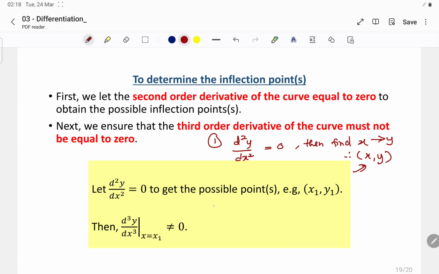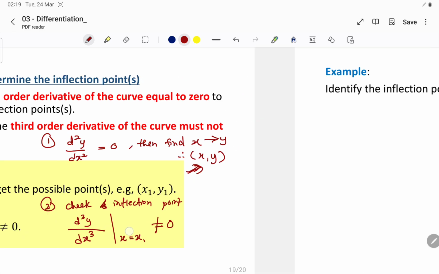In order to determine that, you have to differentiate the third time, d cube y over dx cube. You substitute the value of x that you got here. If it is not equal to 0, then it is an inflection point. Must make sure that it is not equal to 0.